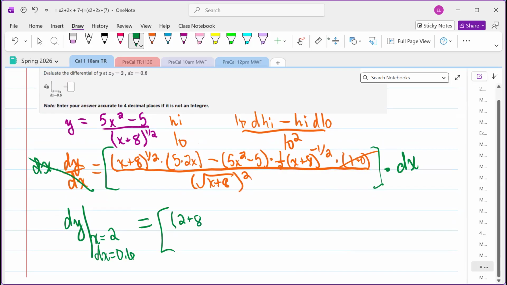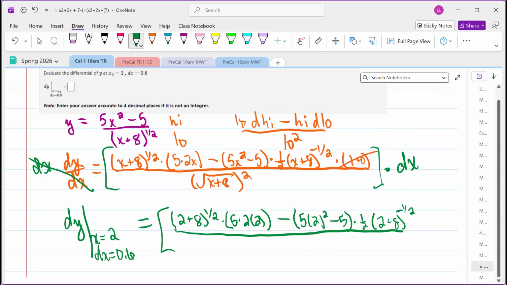So it's 2 plus 8 to the 1/2 times 5 times 2 times 2 minus 5 times 2 squared minus 5 times 1/2 times 2 plus 8 to the -1/2 all over the square root of 2 plus 8 squared times 0.6.